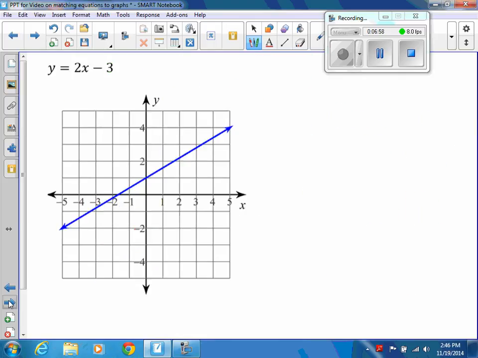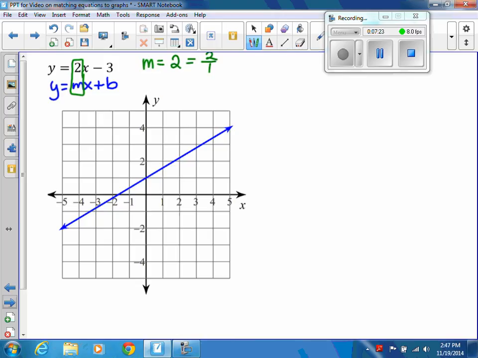We already answered if it was going to be true or false, so let's see what happens. Again, if we do y equals mx plus b, well, this time we have a little bit of a difference here. Our slope, our m, is 2, so m is equal to 2, which remember rise over run is 2 over 1, okay?